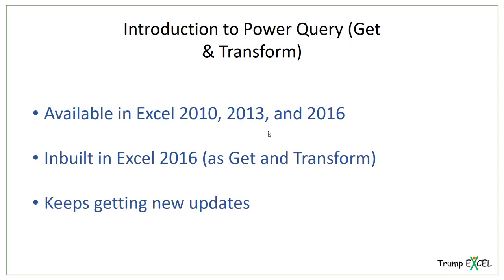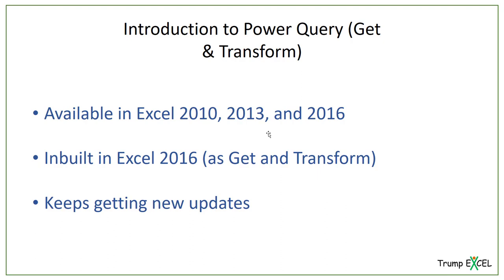Now, Power Query is still an evolving tool or an evolving add-in, and Microsoft often releases new updates and new functionalities to it. So they get feedback from the users, and if they feel that there is something that can be improved or a new functionality that can be introduced, then they keep on introducing it.